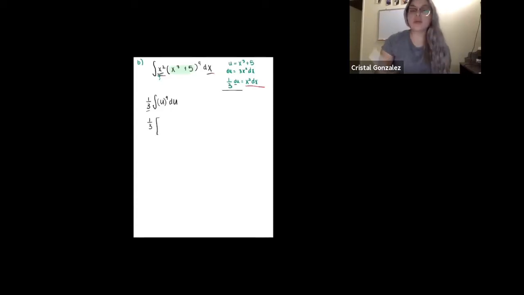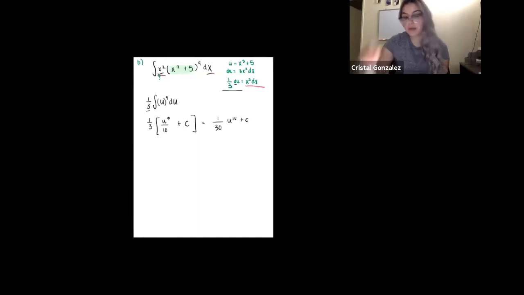If we integrate u to the 9th, we're going to get u to the 10th power divided by 10 plus c, because we're dealing with an indefinite integral here, so we need to write that plus c. We don't have upper and lower bounds. And now after that, we can distribute that 1 over 3 in, which is going to be 1 over 30 u to the 10th power plus c.